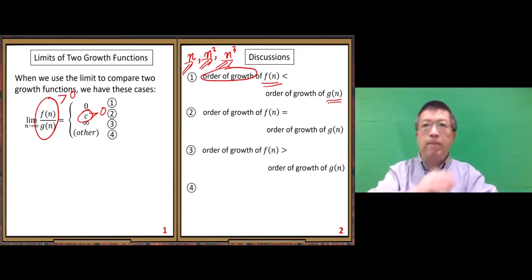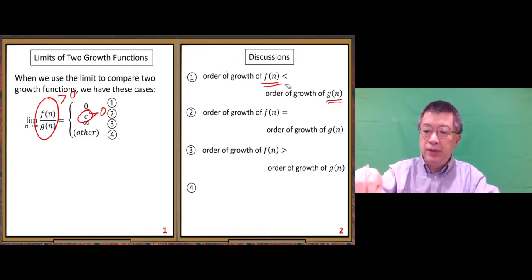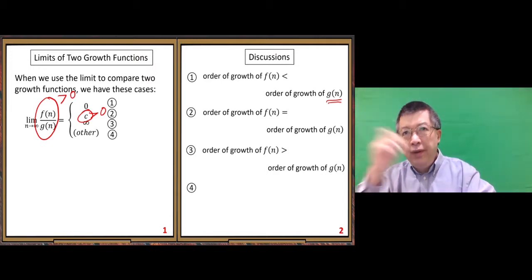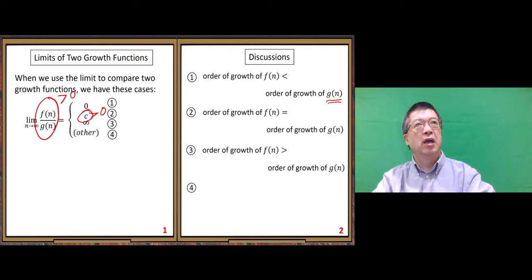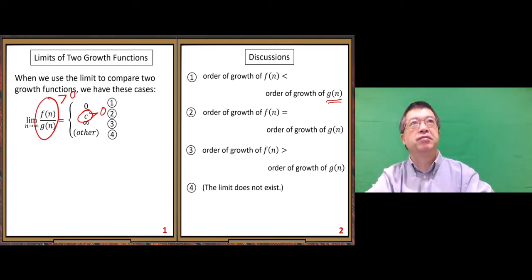Number 4, we may feel it is a little harder to understand what the situation is for that other case. There is an important situation: the limit does not exist.